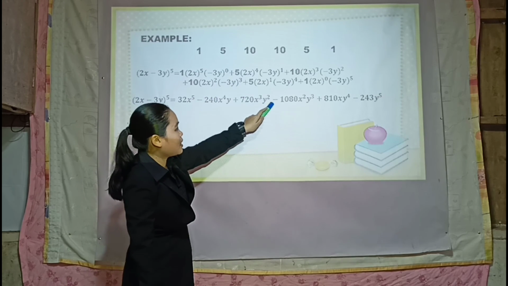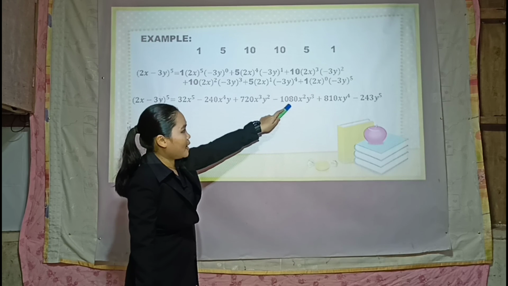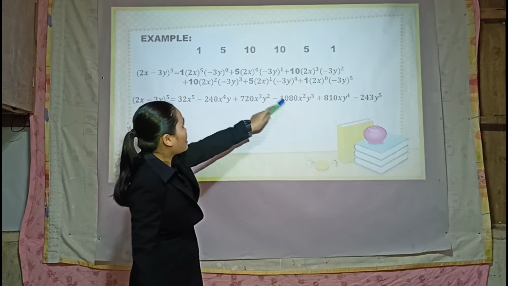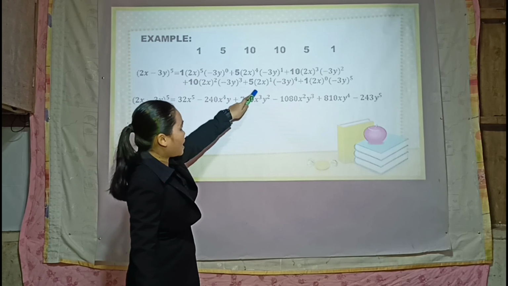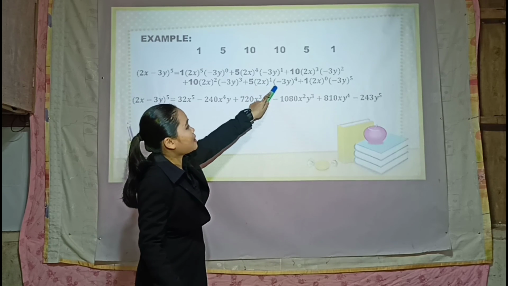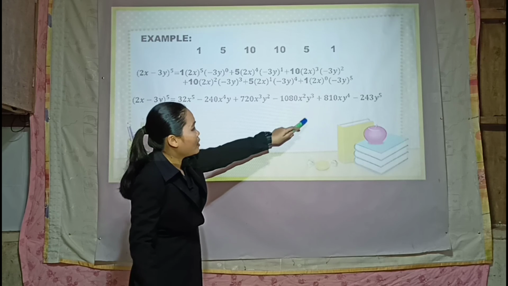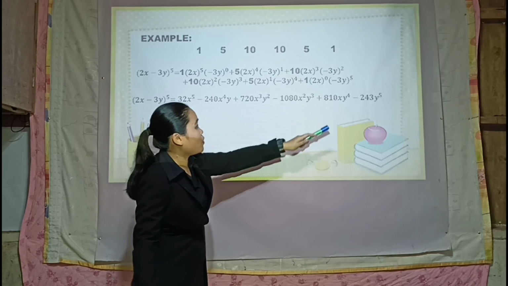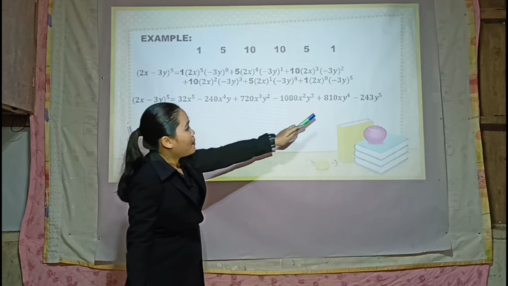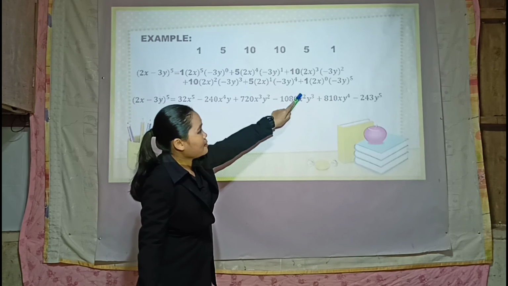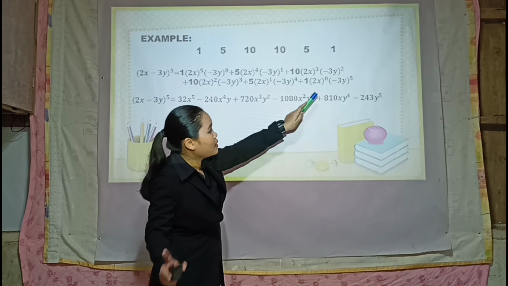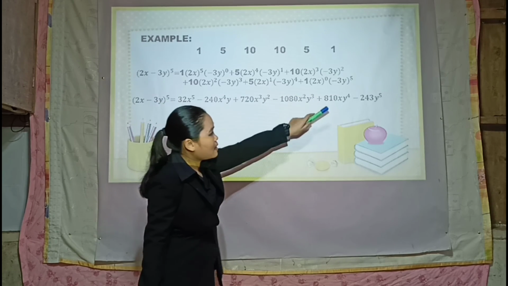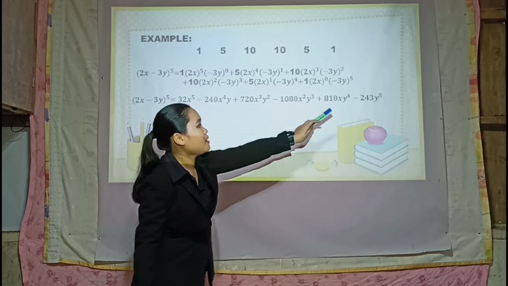So, the answer is negative 1080x squared y cubed plus the product of 5 times 2x raised to 1 times negative 3y raised to 4 is equal to 810x y raised to 4 and minus the product of 1 times 2x raised to 0 times negative 3y raised to 5. So, the answer is negative 243y raised to 5.